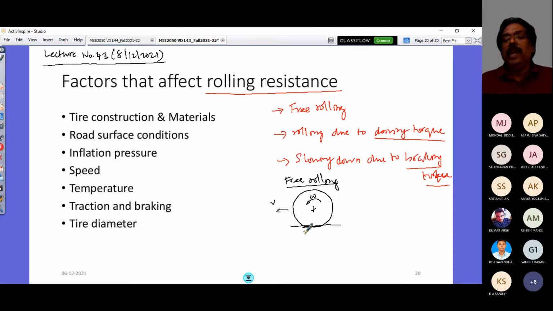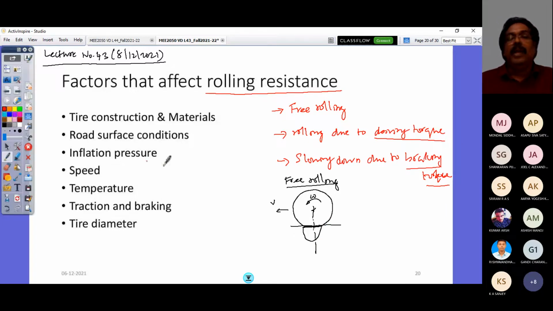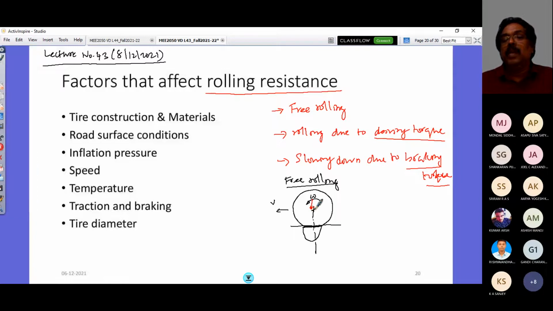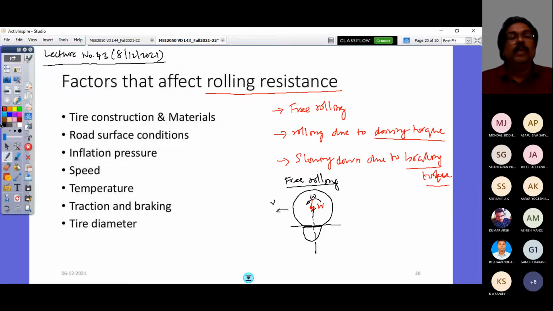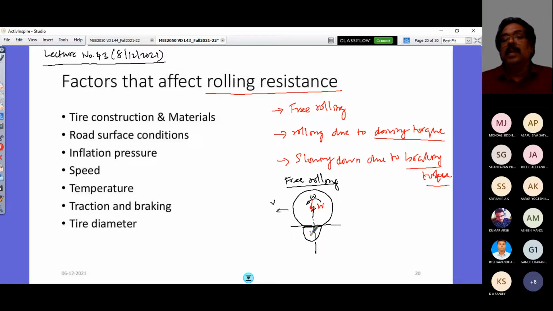At that time, if you look at the distribution of normal pressure here, generally it is not symmetric, it is skewed. If I draw a vertical line through the center of the contact patch in my free body diagram, the weight of the load on the wheel acts vertically down. The load is balanced by the normal pressure in the contact patch times the area of the contact patch, which gives the resultant force.